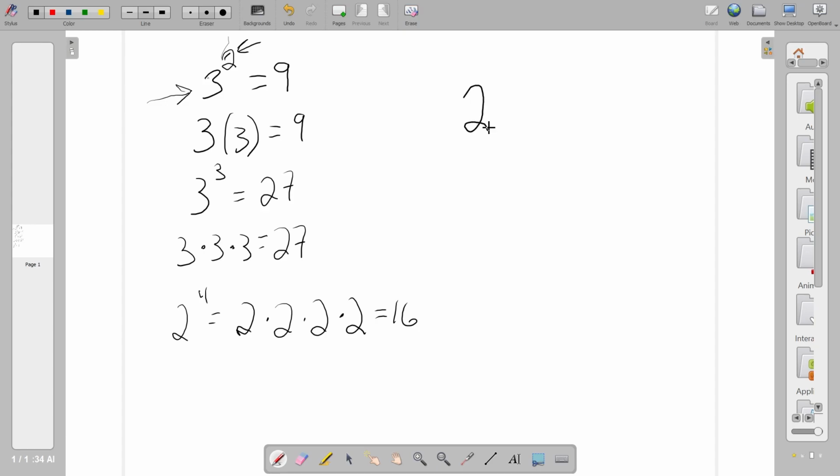In an exponent, you have a base and a power. A base and a power together make up an exponent. Another thing that you'll often see is a number before the base, like 6 times 2 to the 5th.